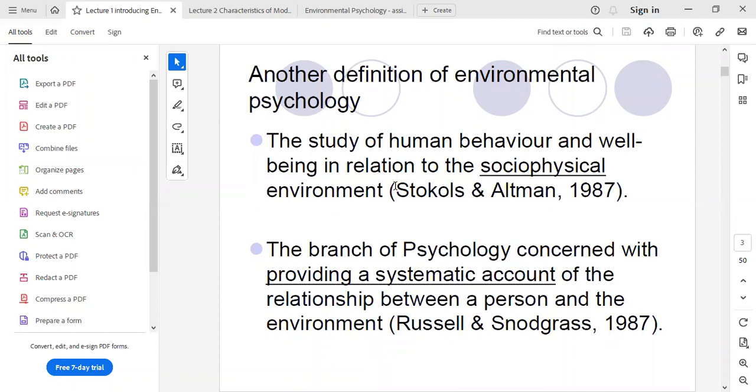So that's why they are concerned with providing a systematic account. A systematic account is a scientific account, which tries to describe the event, explain the event, predict the event, and also produce valid or reliable systematic methods in analyzing the event as well. So that is what providing a systematic account of the relationship between a person and the environment means.